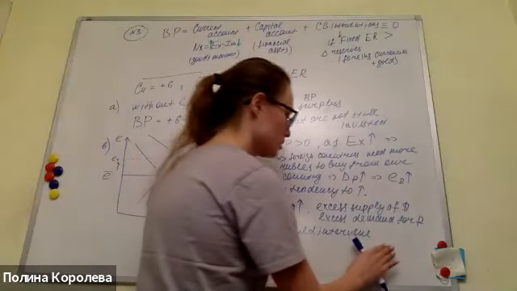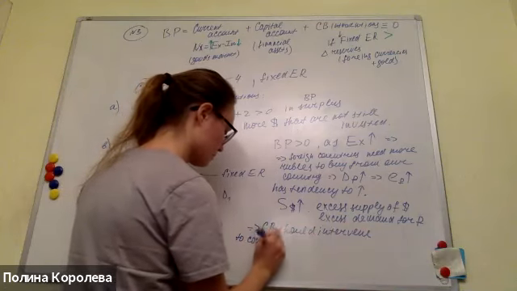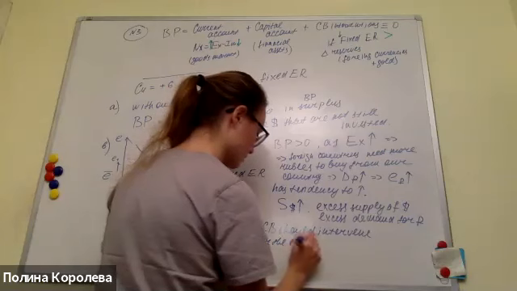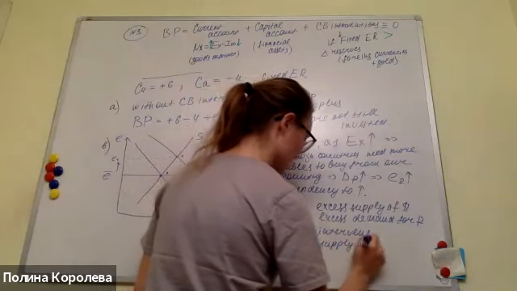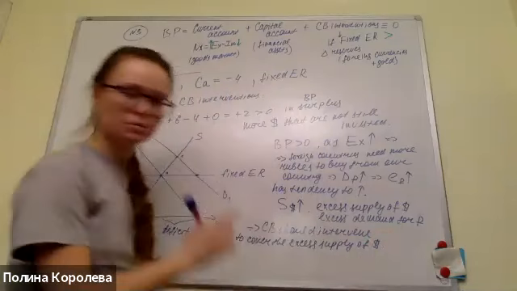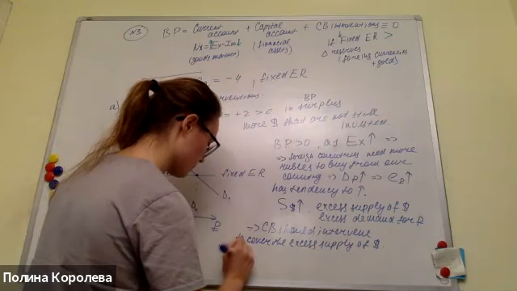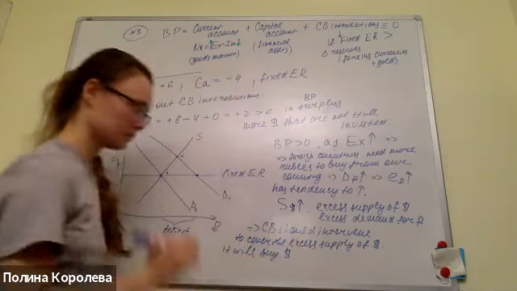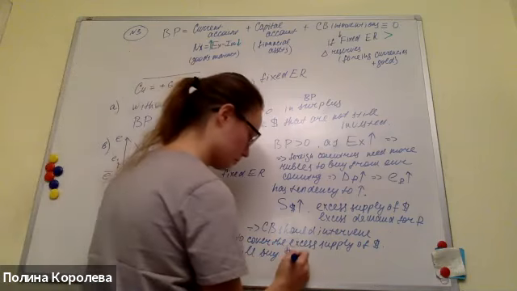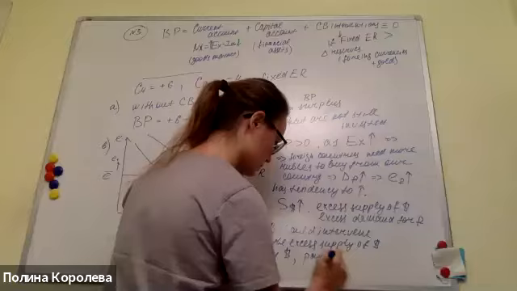So the central bank should intervene to cover the excess supply of dollars. It will buy dollars and pay rubles.